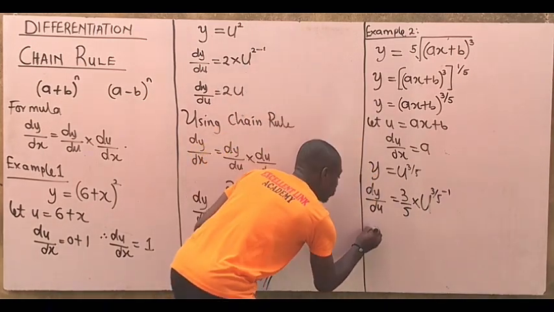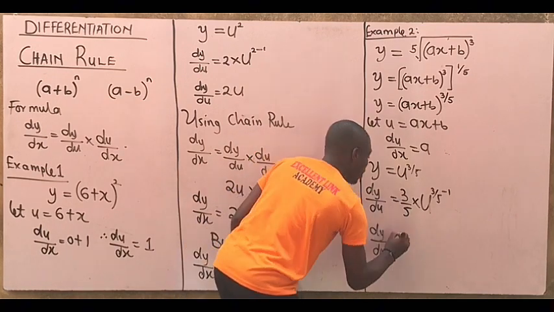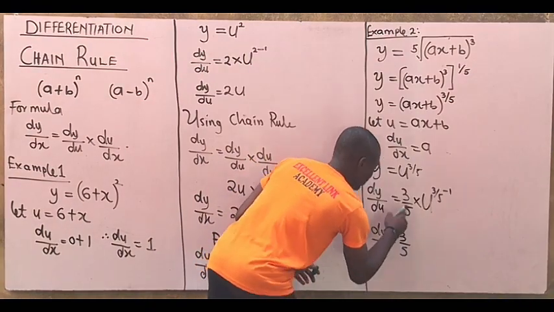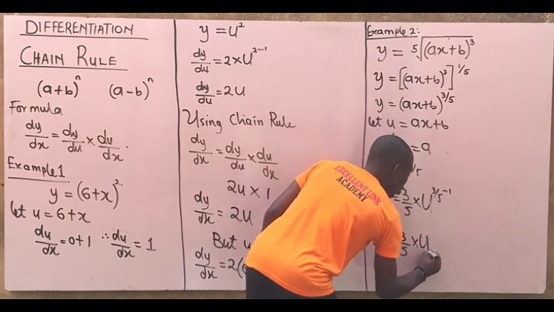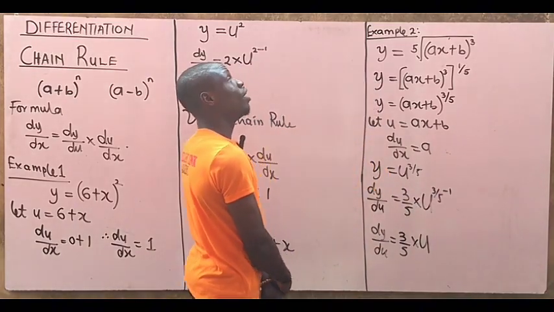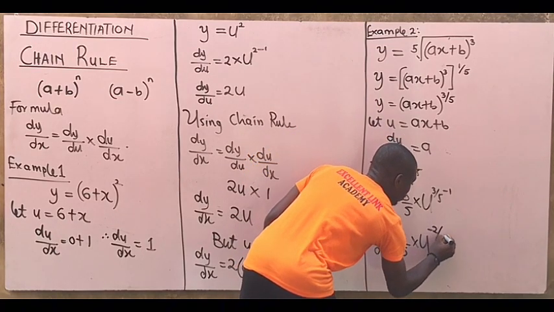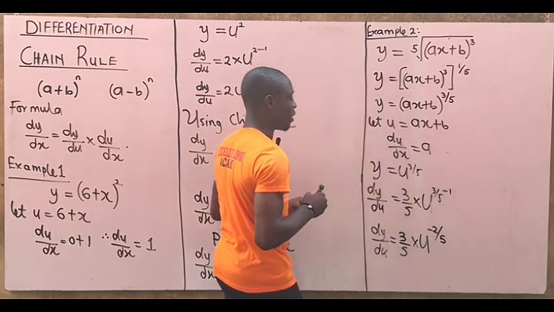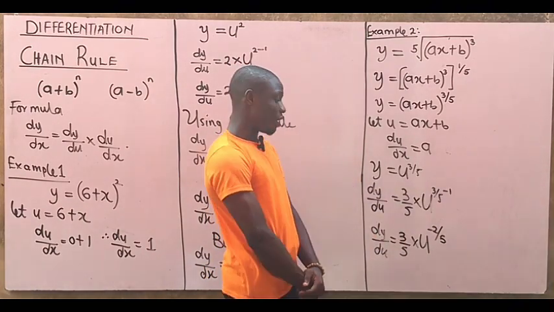From here, dy over du is equal to 3 over 5 multiplied by u to the power of 3 over 5 minus 1, which gives minus 2 over 5.